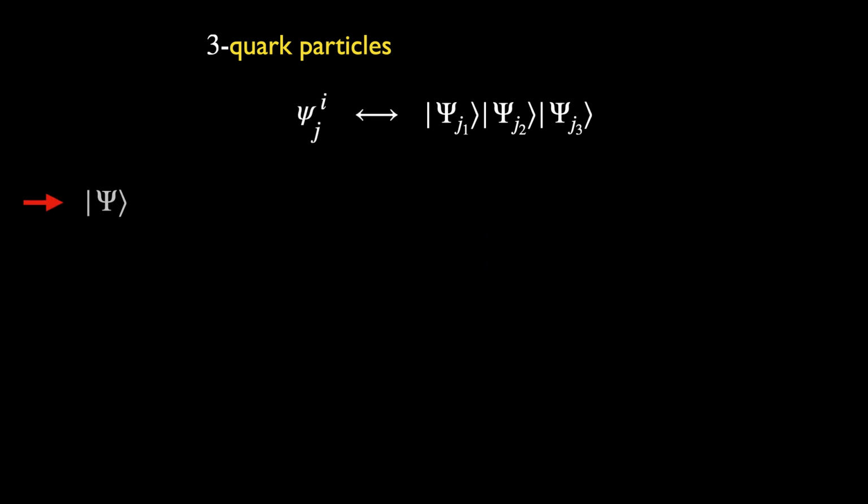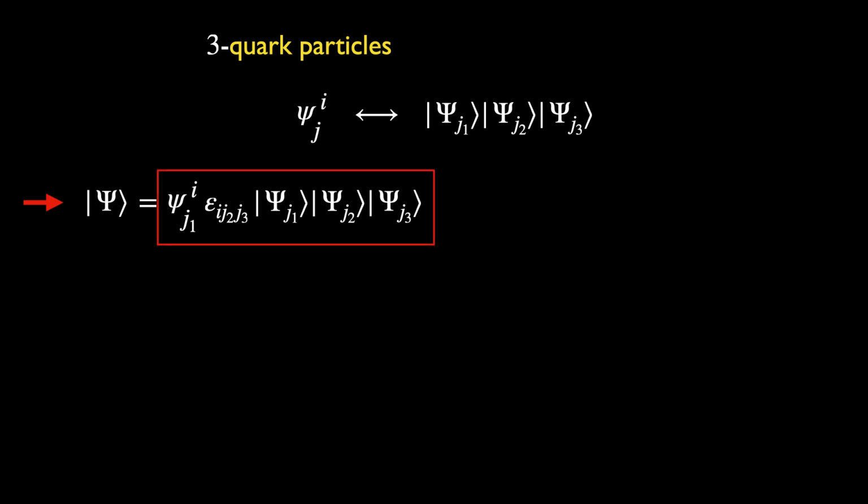Just make use of the invariance of epsilon. Pay close attention to how the indices are contracted. We can check that these tensor coefficients really transform like a tensor with three lower indices, just like three quarks.